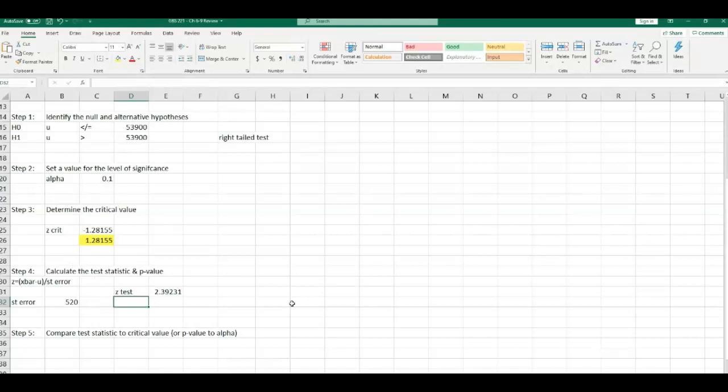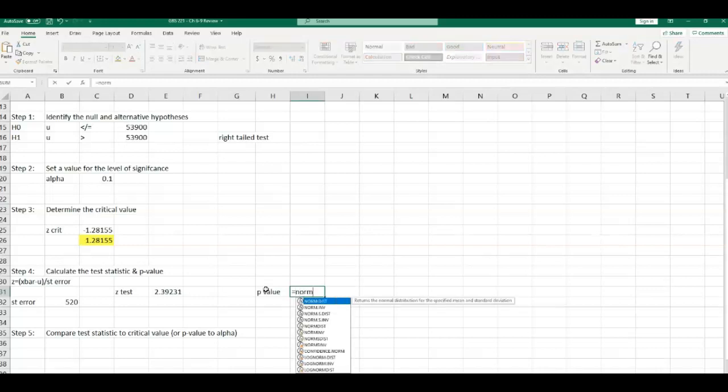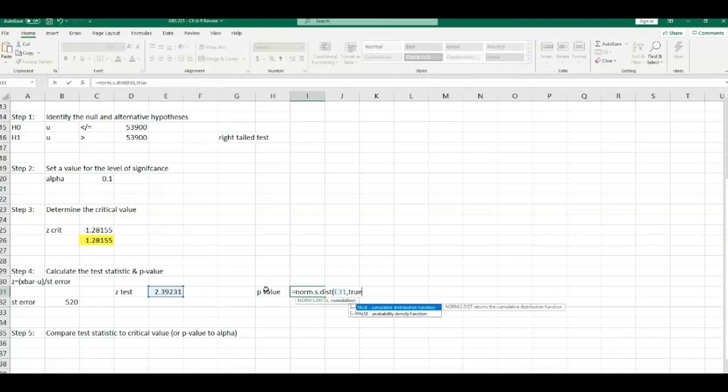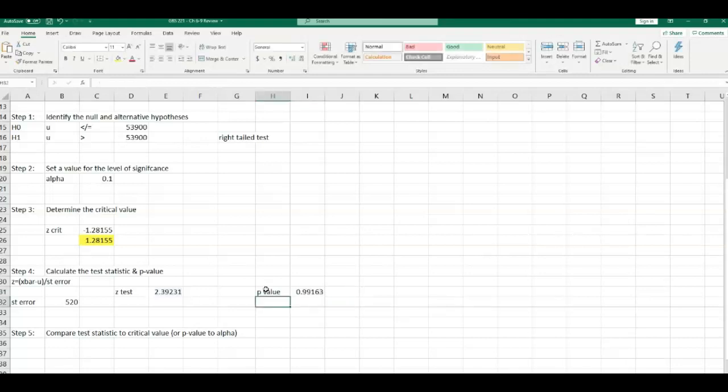So that's part 1 of this step, right? Calculating the test statistic. The next part is finding your p-value. And we said the p-value was just the probability, right? So we took norm.s.dist, D-I-S-T, and we need our z-score, and we need true, and we get this value of 0.99. Remember, that's the value to the left.